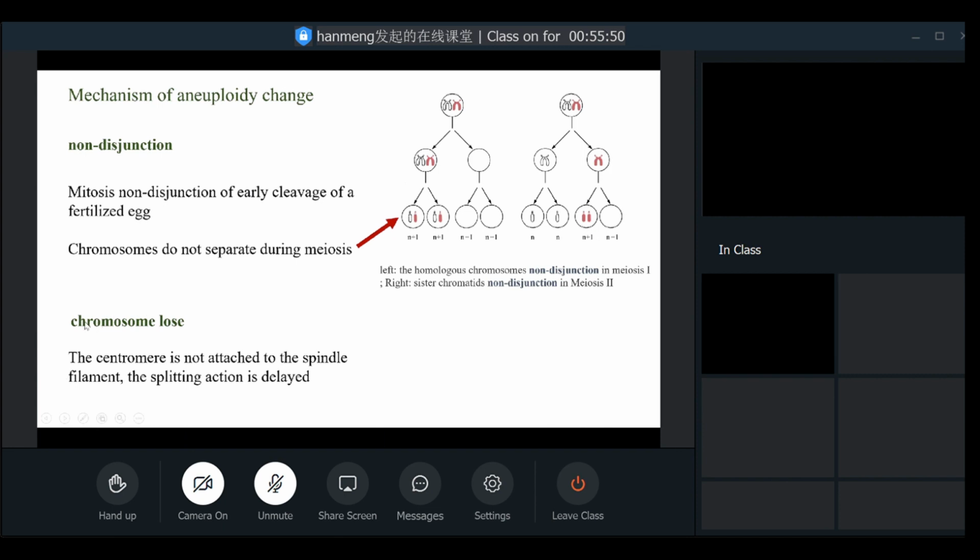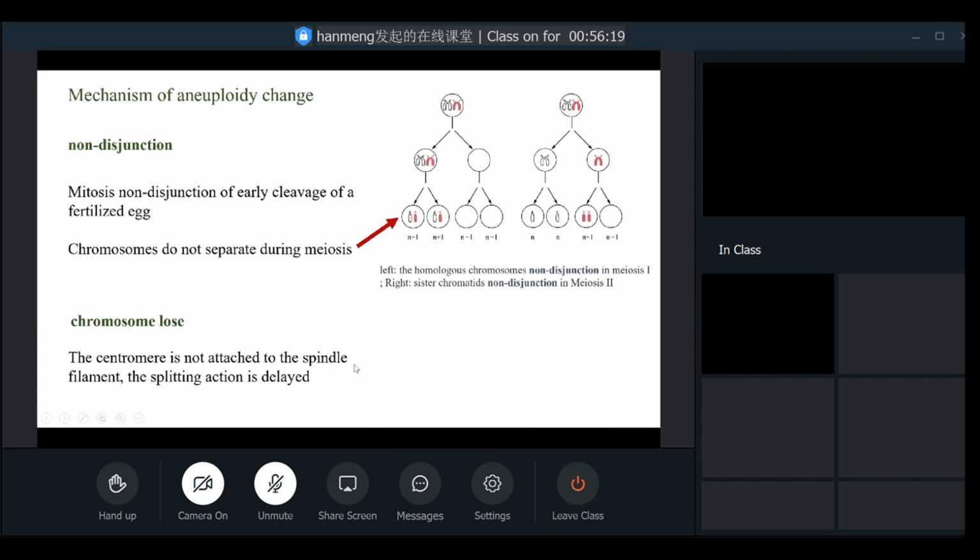Another cause is chromosome loss. The centromere is not attached to the spindle filament, and then the splitting action is delayed.